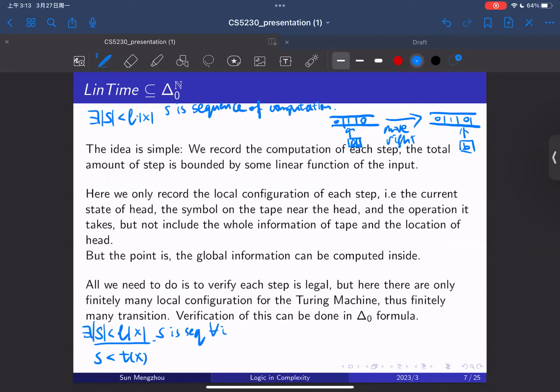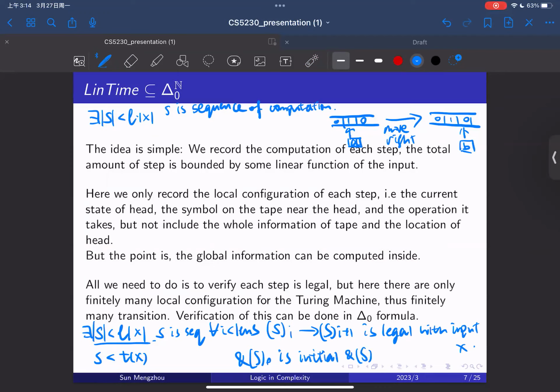And for any i less than the length of S, Si to Si plus 1 is legal with input x. And S0 is the initial state. And as length of S is terminate.